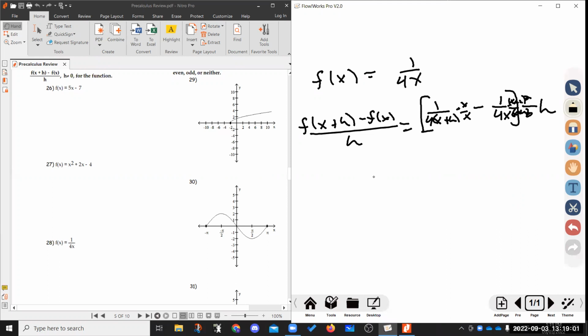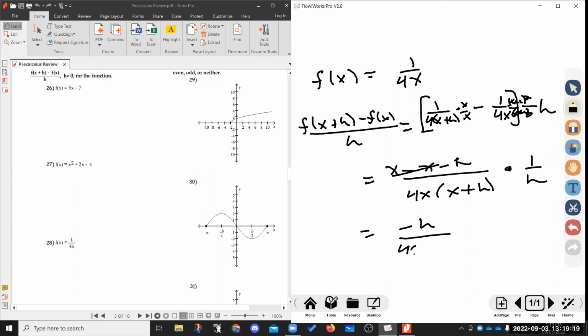And this is going to give me x minus x plus h, over 4x times x plus h, times 1 over h. x minus x is 0, so this is a negative h over 4x times x plus h, times 1 over h. h cancels out with h, and I get a negative 1 over 4x times x plus h.